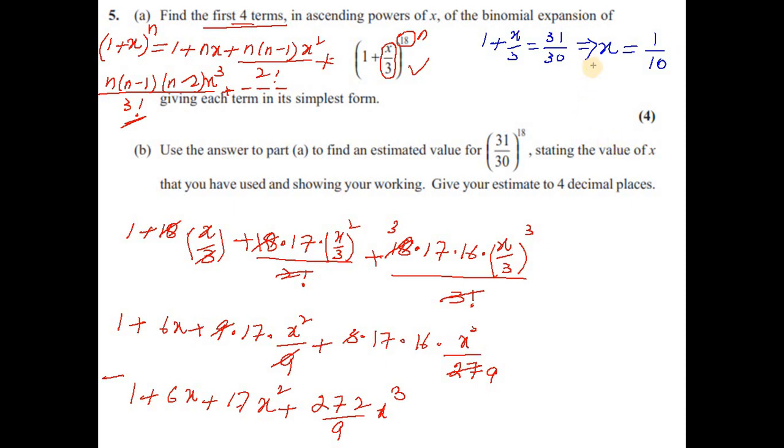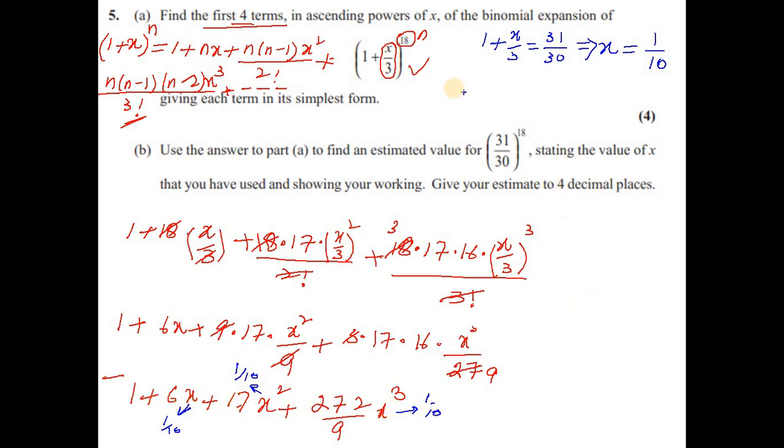So what you need to do to estimate the value of (31 over 30) to the power 18 is just plug x equal to 1 upon 10 into your expanded form of part A. So everywhere in this expression, you just replace this x with 1 upon 10.